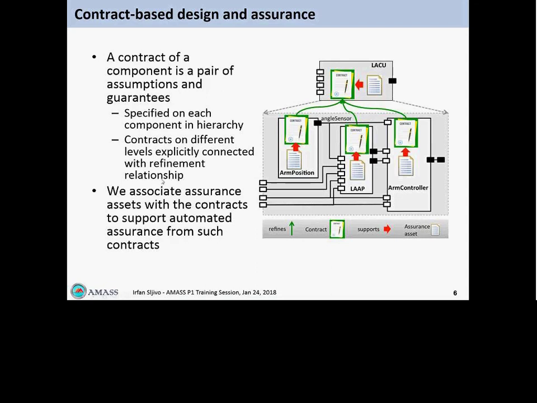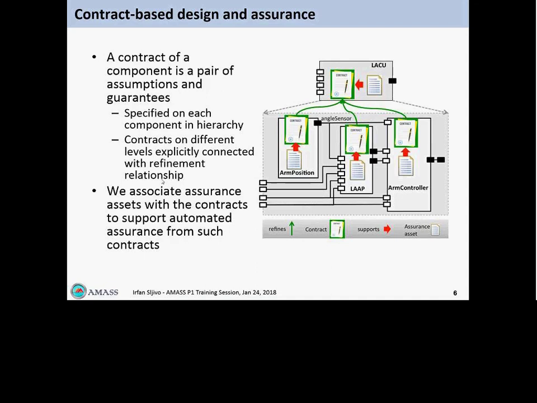So to help us with reuse and assurance, we associate assurance information with those contracts. So different, for example, requirements are associated with contracts, as well as explanations of what the contract means, and the evidence supporting that the contract actually is implemented in a given implementation, that the actual component behaves according to that contract, and so on.